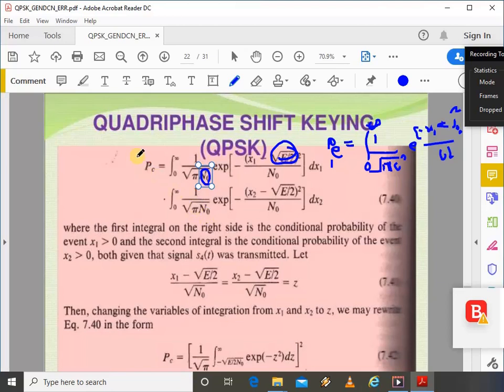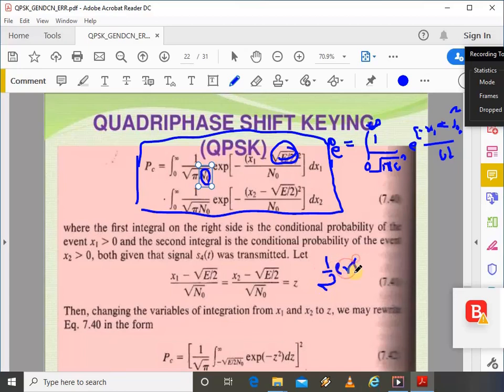Then this particular equation of the probability of correct reception is not in a standard form. The standard form of the equation is this: 1 by square root of pi. It is basically the error function, usually defined like this: 1 by 2 erfc of u equal to integration from u to infinity of e to the power minus z square dz.